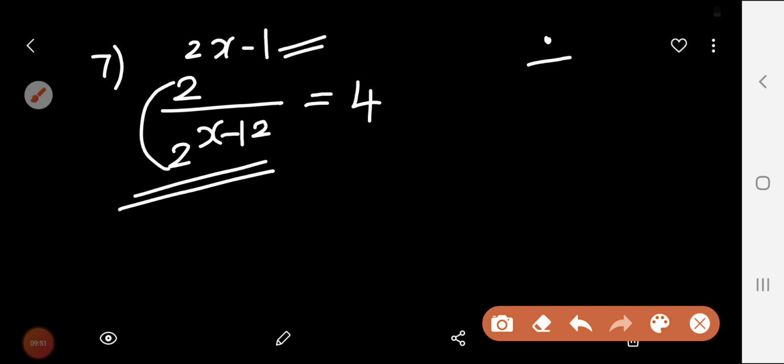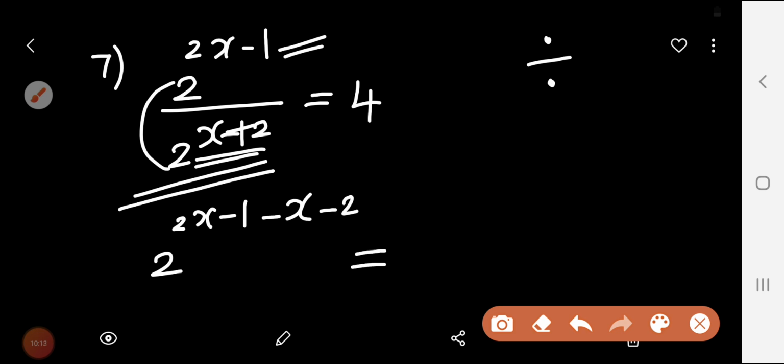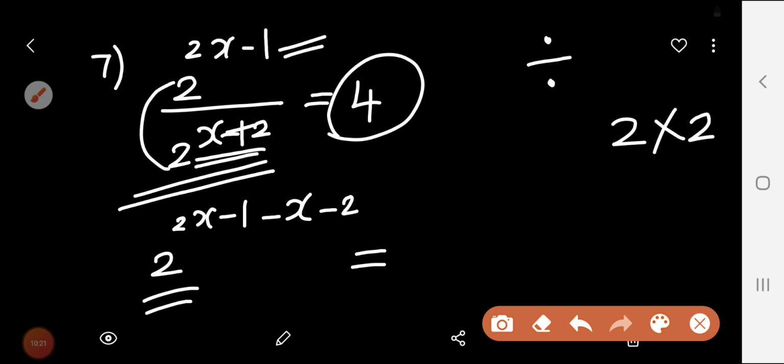So it is division, so we have to subtract the powers. What will happen: 2 power 2x minus 1 as it is, and this power will be subtracted. If it moves to the numerator, since it is x plus 2, the value should be minus x minus 2, which is equal to, here the base is 2, so we write 4 as a base of 2. 2 into 2 is 4, so we can write 4 as 2 power 2.